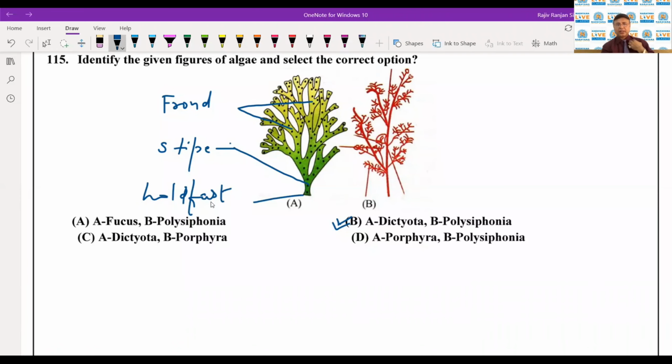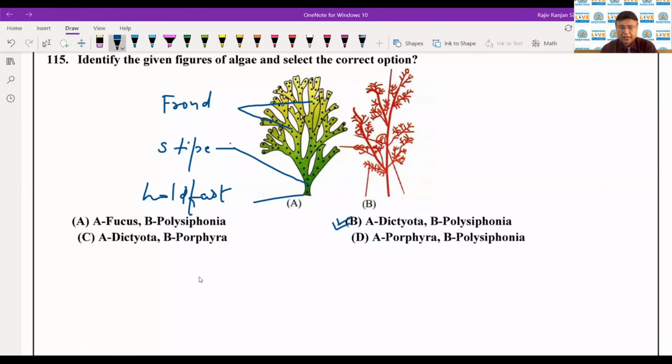So this is the structure of Dictyota thallus. We can also notice the tiny air bubbles on the frond, and the conceptacles, etc., that contain the sex organs. So here it is a Dictyota, and it is a brown alga.